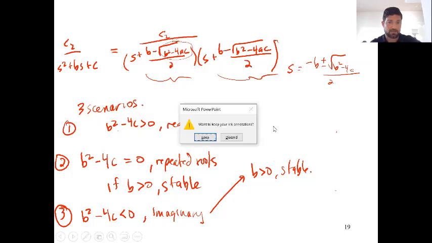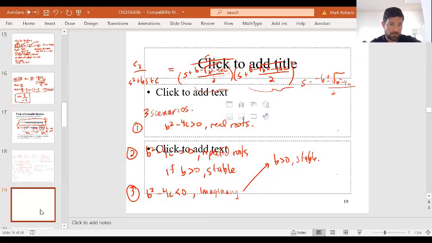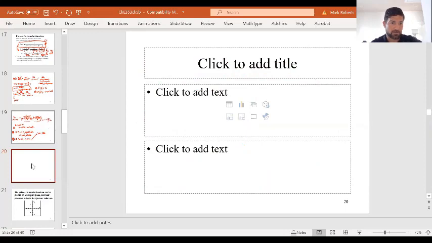I want to show one last aspect of this. And to do this, I'm going to go ahead and add one more page. We said the condition where we're looking at b squared minus 4c is less than 0 means it has imaginary roots.